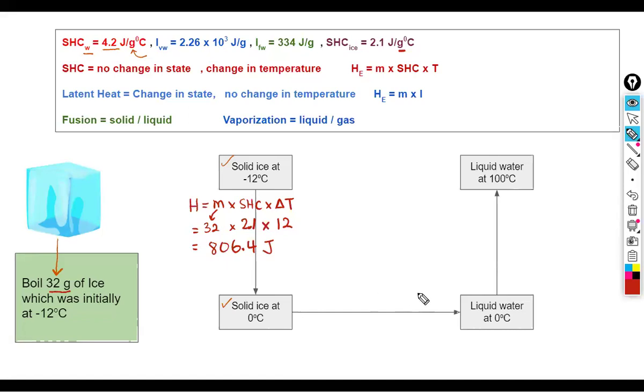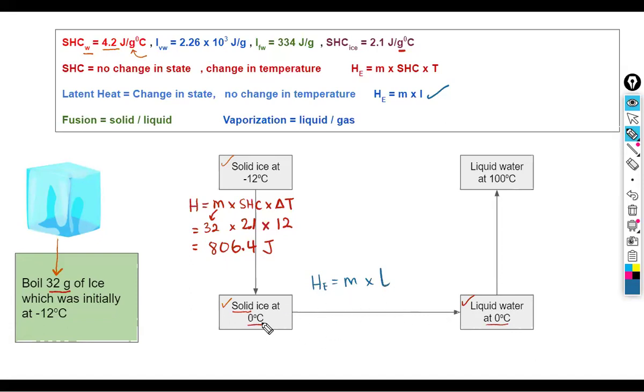Great. For the second part of the question, it goes from solid ice to liquid water. It was 0 and it remained 0, so there was no change in temperature. So this is definitely a blue formula. Heat energy is mass by the latent heat of fusion.